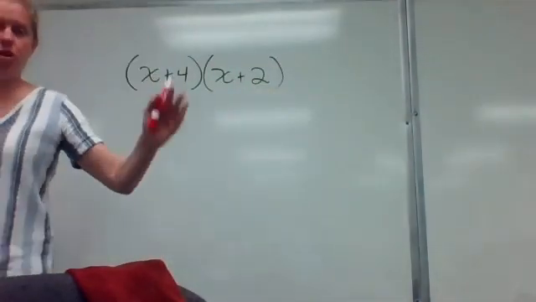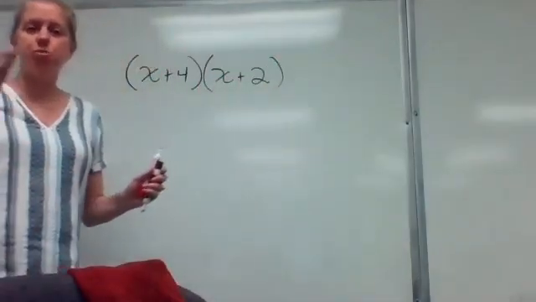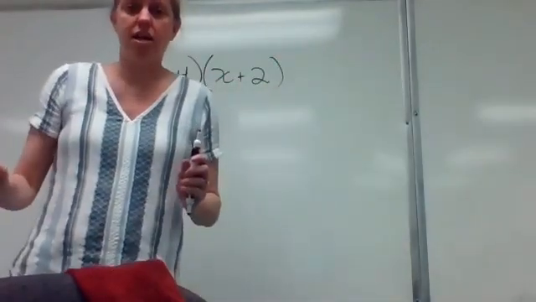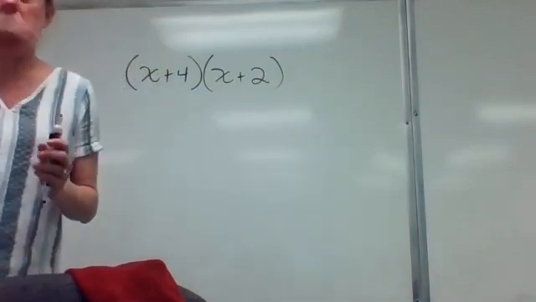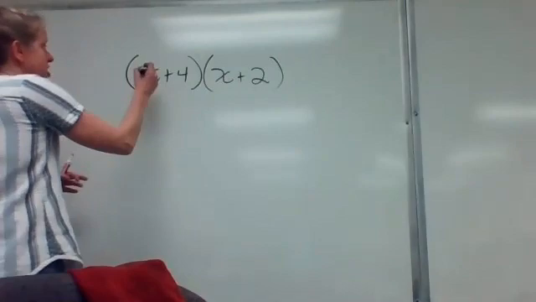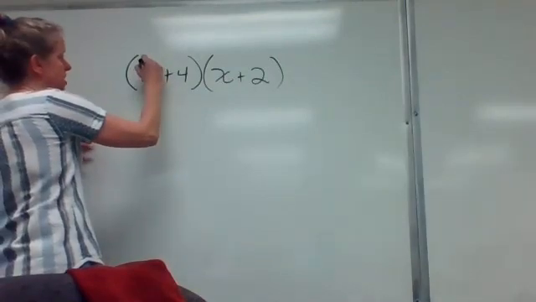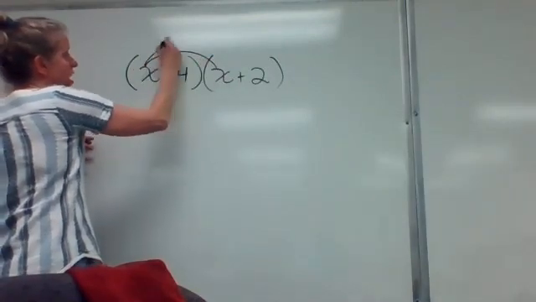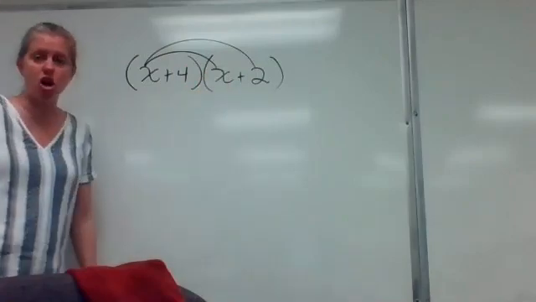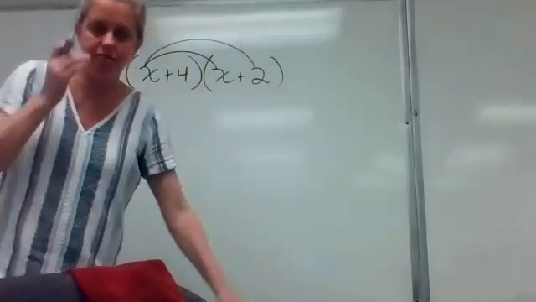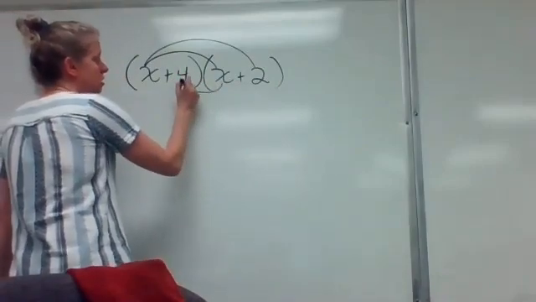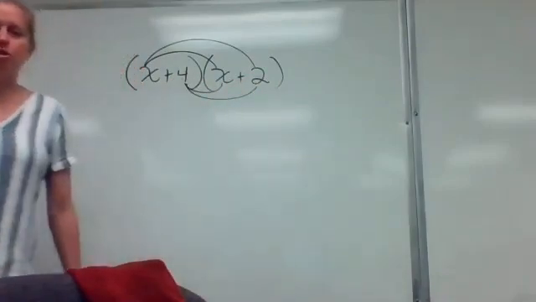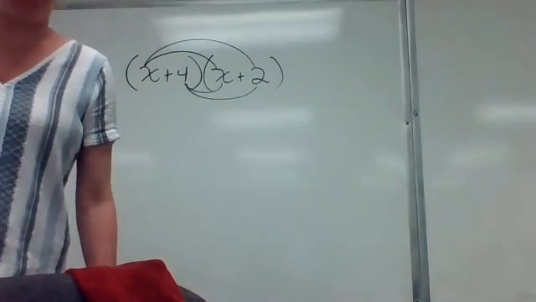They're going to have two parentheses, and in each parenthesis, they're going to have two terms. I'm still going to distribute just like I have on my other ones, okay? It's just that I have more to distribute. This x will be distributed to both terms in the other parenthesis. And then when I'm done with that, this 4 will distribute to both terms in the other parentheses.